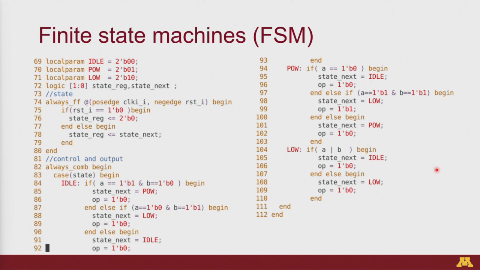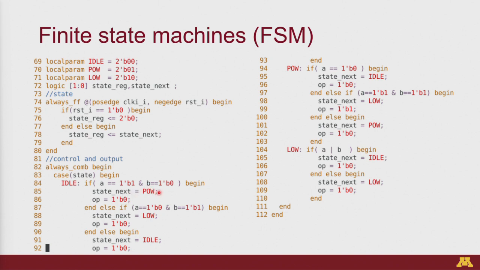For example, in this kind of block, if you're currently in the idle state and we get these 2 inputs, we determine what the next state is, as well as what output signal we want to control.